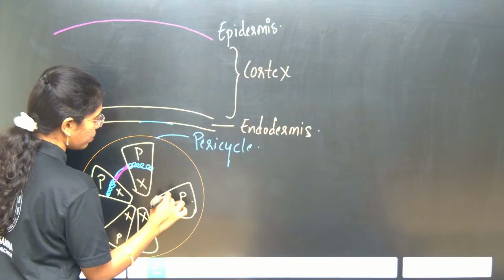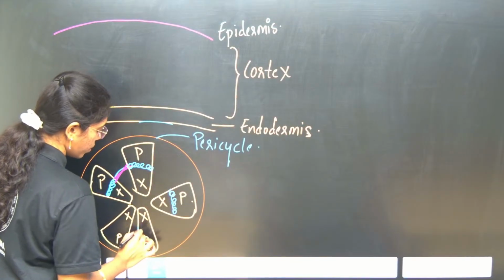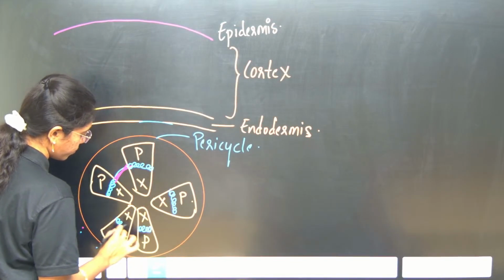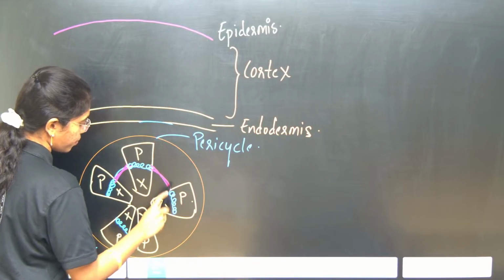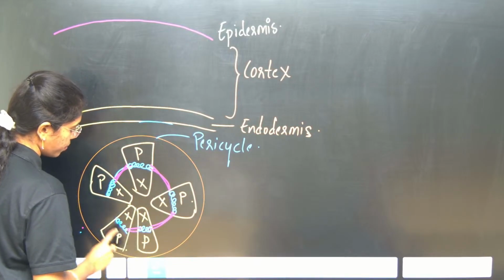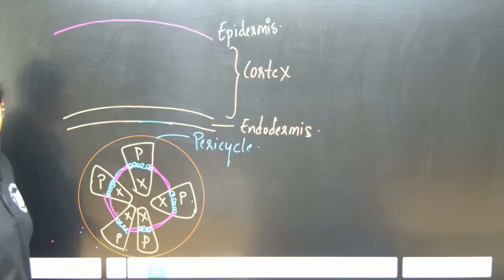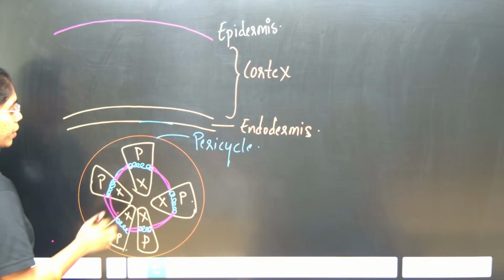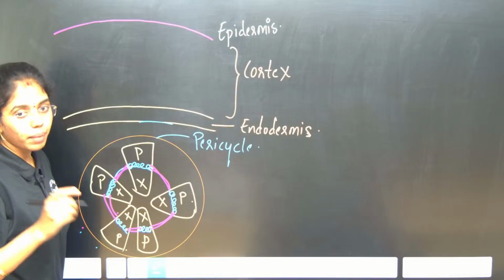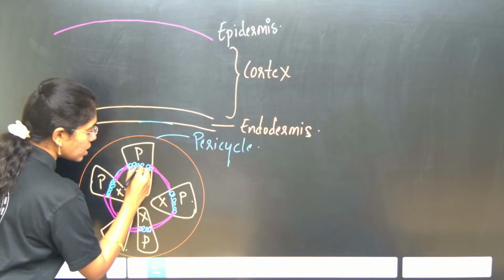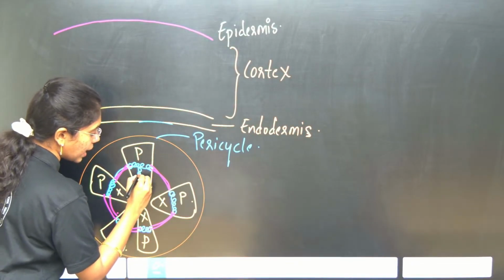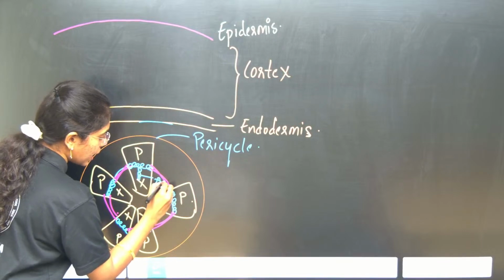This forms a cambial ring. This conducts meristematic activity. Those cells formed towards the xylem are called secondary xylem.